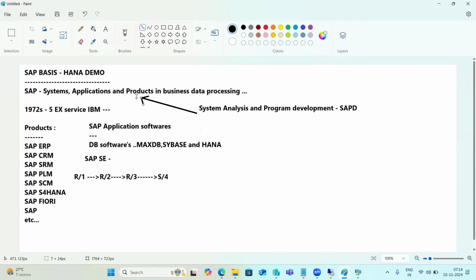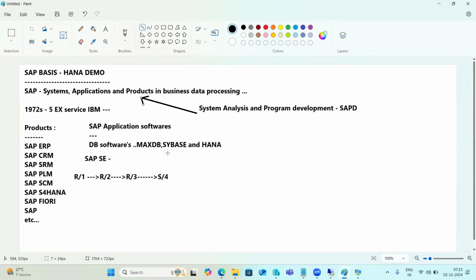Worldwide, lakhs of customers are using SAP for their business. Why are customers so keen to use SAP? Because the SAP code can easily be adjusted and customized. Also, in terms of the application and security, there are multiple advantages to using SAP application software.